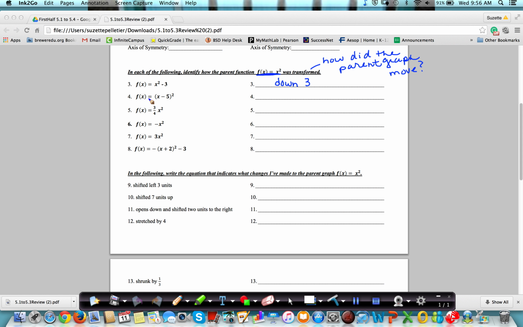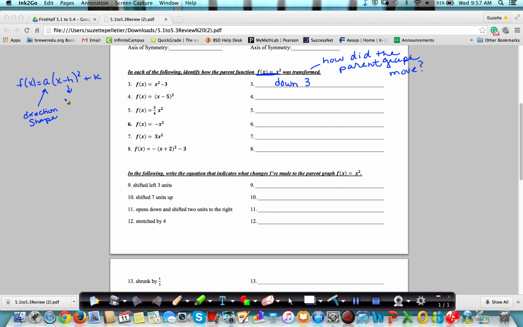Okay. In this case, the numbers inside the parentheses, that's my horizontal movement. I'm wanting you to think back to that chart where we described what A and H and K did to our parent graph. So that was the direction, remember, up or down, and the shape.